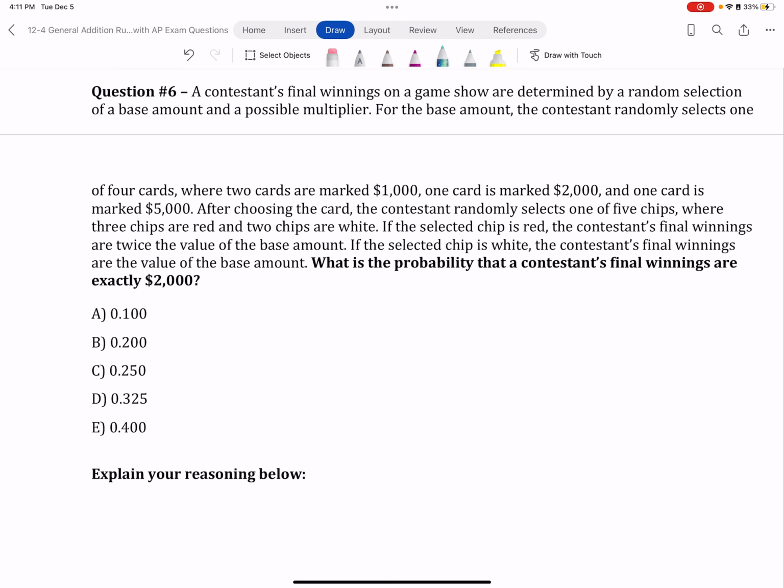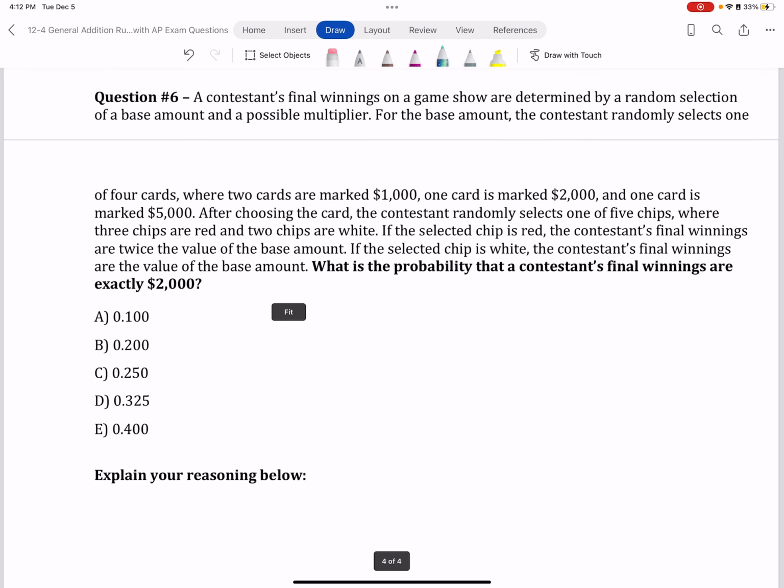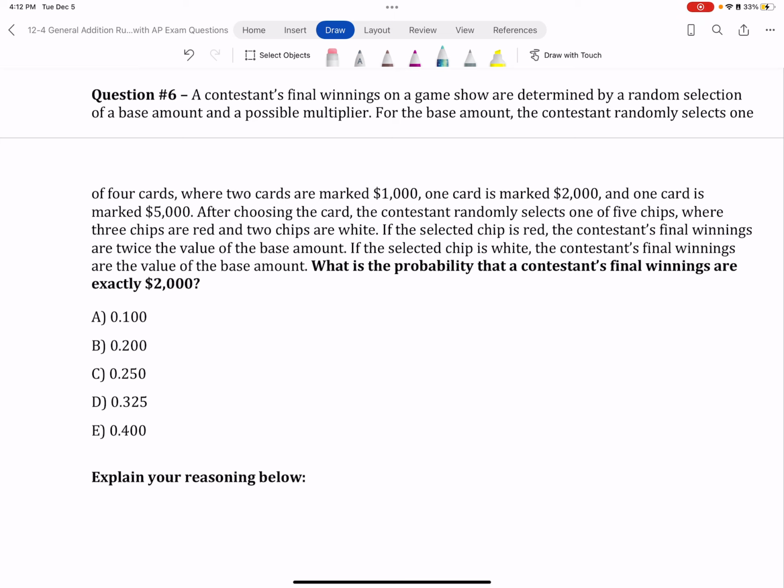Well, this is a lengthier problem. This actually came from one of the previous AP exams for AP Stats. And I think what would be helpful is if we drew a diagram. So let's draw it out. Let's just say that we have 4 cards as stated. So draw out these 4 cards. Okay.